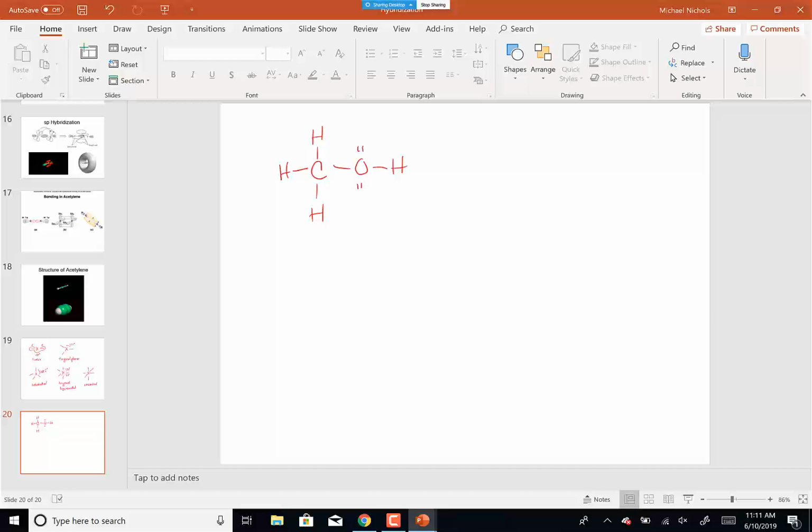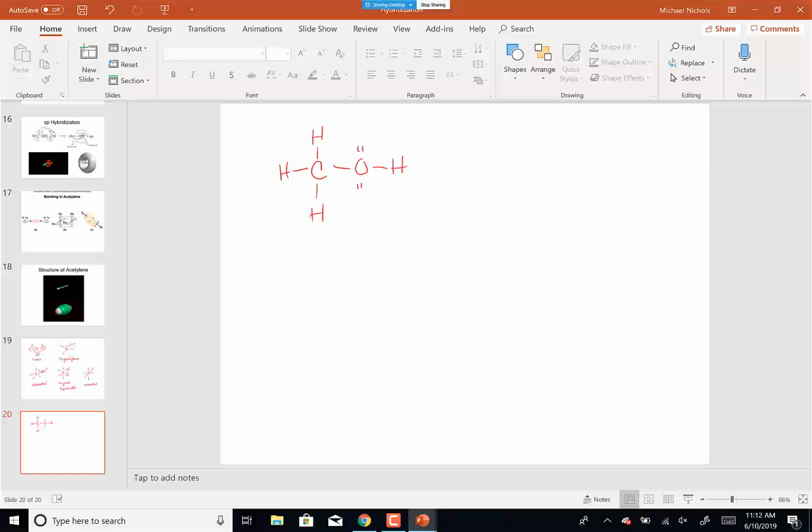But what about non-carbon atoms? If I said, let's determine the geometry of each of the non-hydrogen atoms, so carbon and oxygen, and better yet sketch the orbital picture of how they're formed, the first thing I need to know is the hybridization and the geometry, for this carbon and this oxygen.